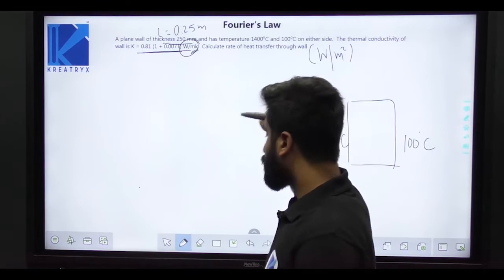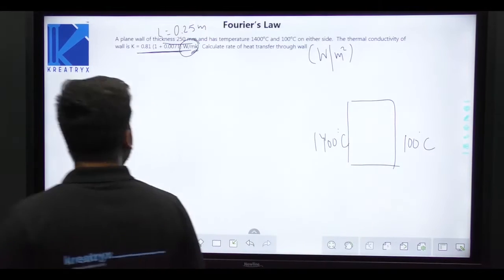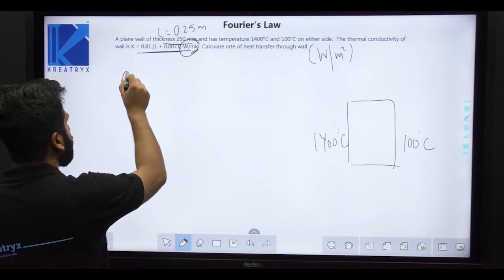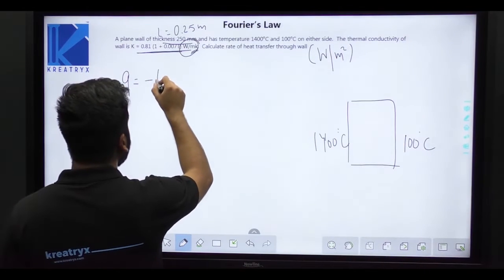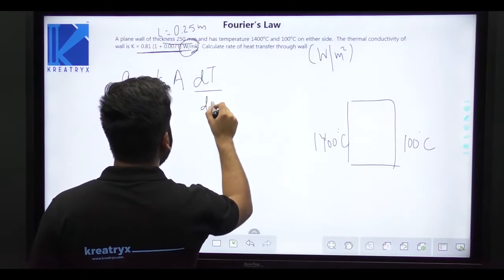Now the thermal conductivity of the wall is varying with temperature. So what do we know? We just apply the basic Fourier's law, that is Q is equal to minus KA dT by dx.